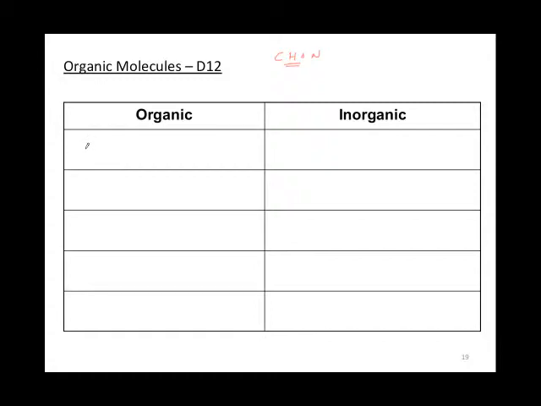So when we look at organic molecules, what we're going to find is that mainly hydrogen is going to be bonded to carbons. Carbon and hydrogens are the most common two atoms in organic molecules. We're going to find that organic molecules are covalently bonded.